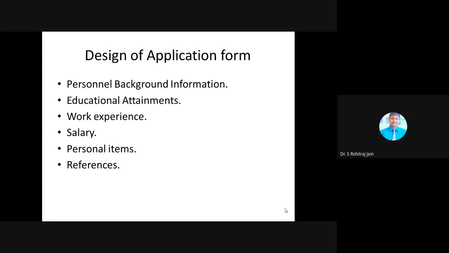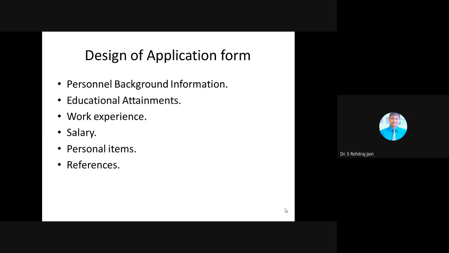Then we discussed the educational attainments, then work experience. Work experience, as I mentioned to you, if someone keeps hopping from one organization to another within 6 months, then a complete big list of organizations will be there.